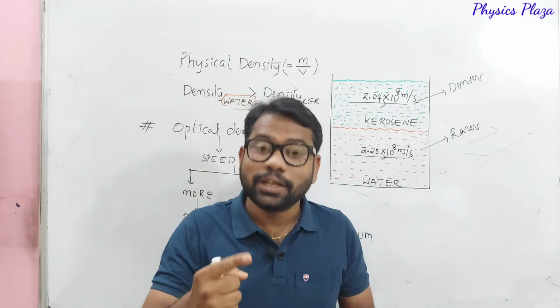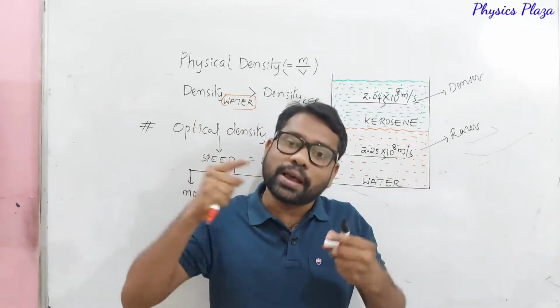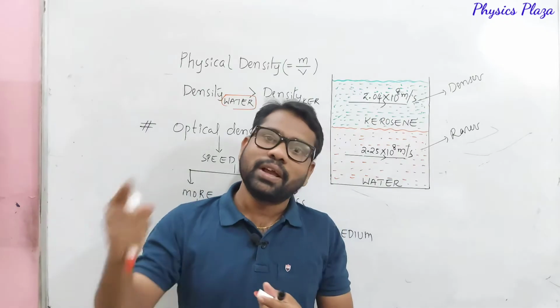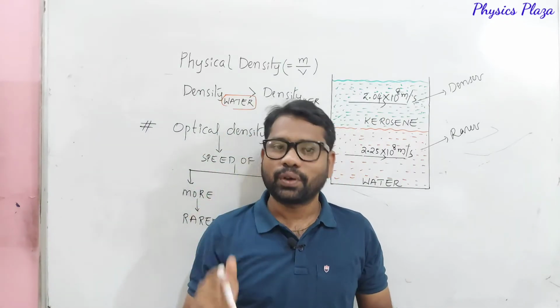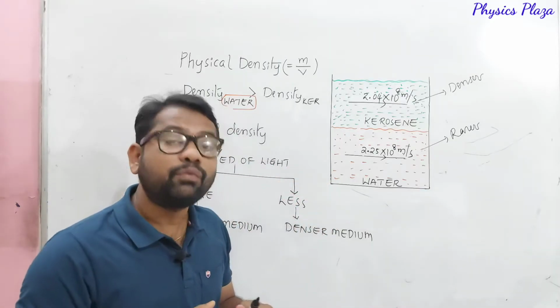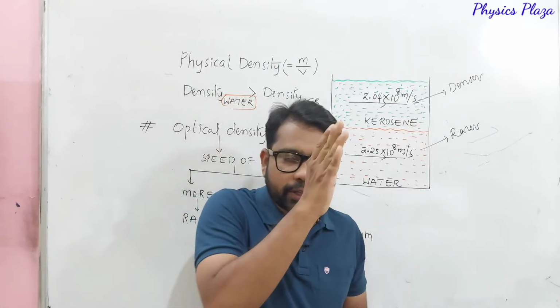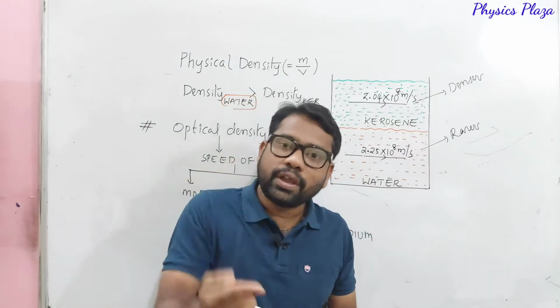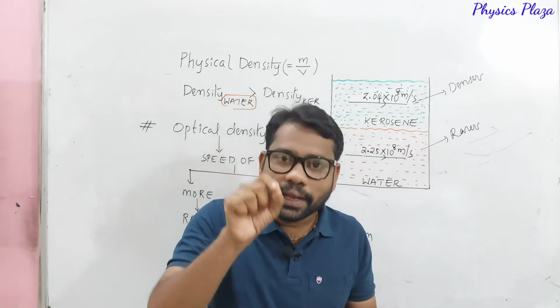What is a rarer medium? The medium in which light travels faster compared to another medium is called a rarer medium. Okay children, hope this concept is very clear. Now we are going to get into the actual topic called refraction of light.